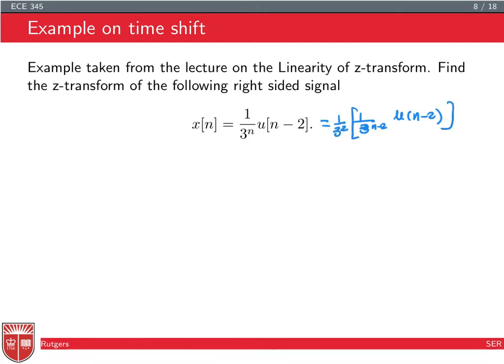Let's call this signal y of n minus 2, where y of n is equal to (1/3)^n u[n].